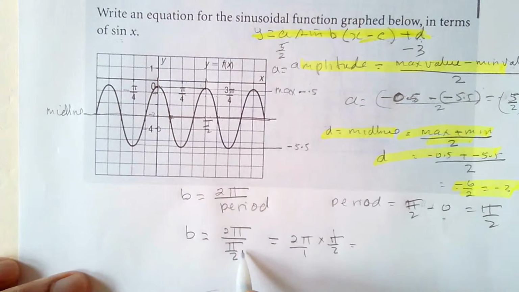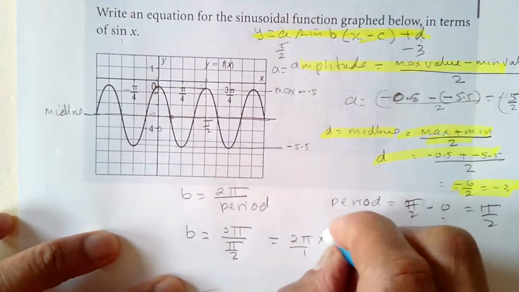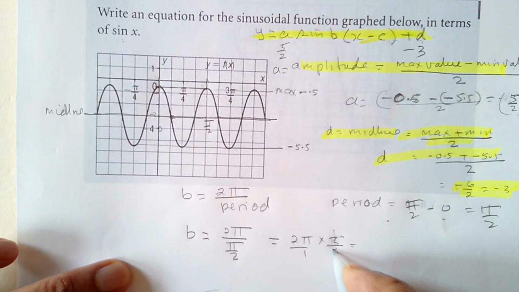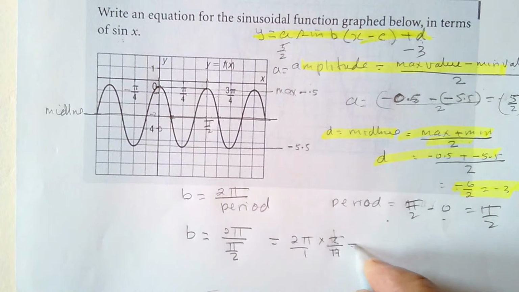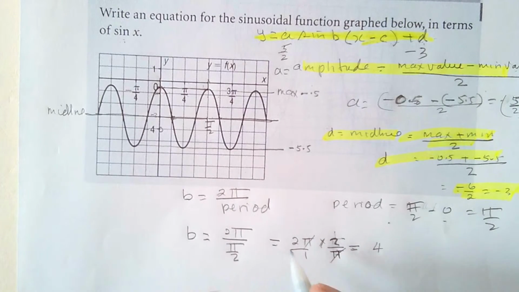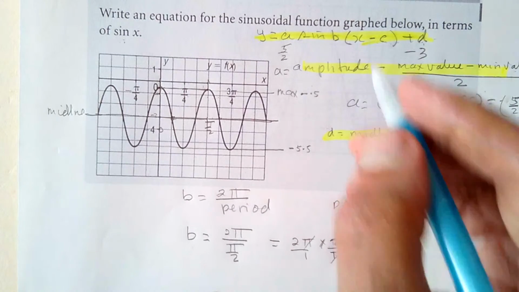Oh no, we had to turn this around. See, dividing 2 over pi. So we're dividing, so this pi will cancel and give you 4. So the b is equal to 4.